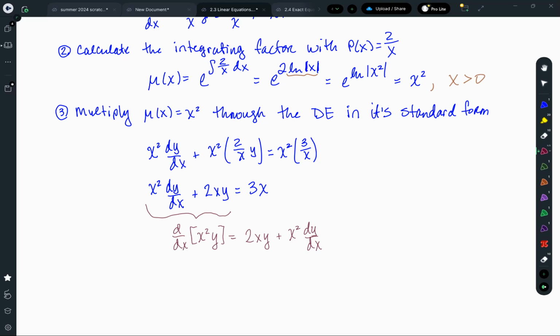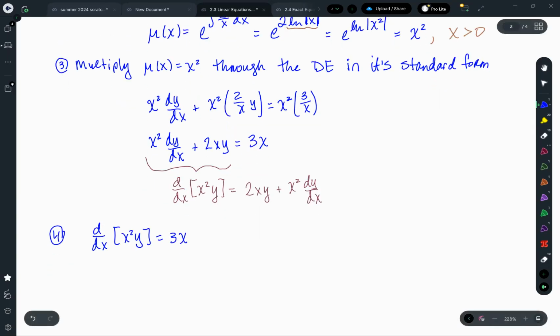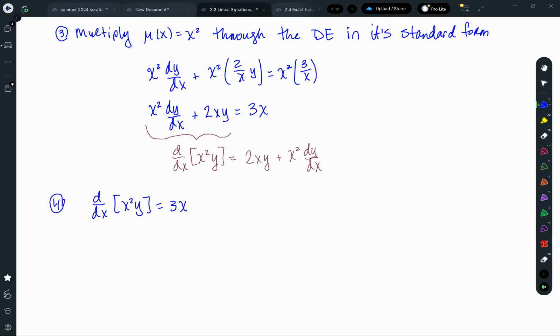Okay, so I'm going to rewrite the left-hand side as d dx of x squared y, and on the right-hand side, I just have that 3x. Okay. Now, because I have functions of x on both sides, I can go ahead and integrate on both sides, but it has to be with respect to the same variable.